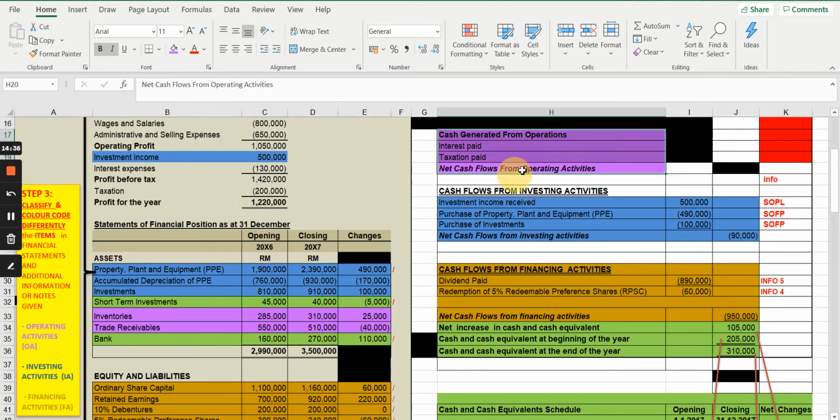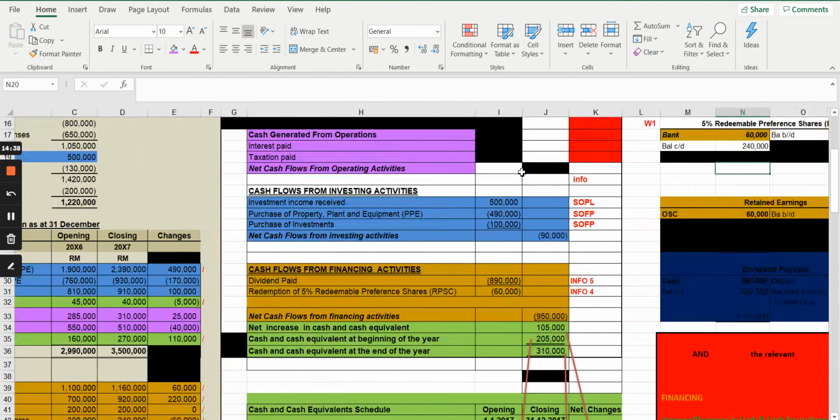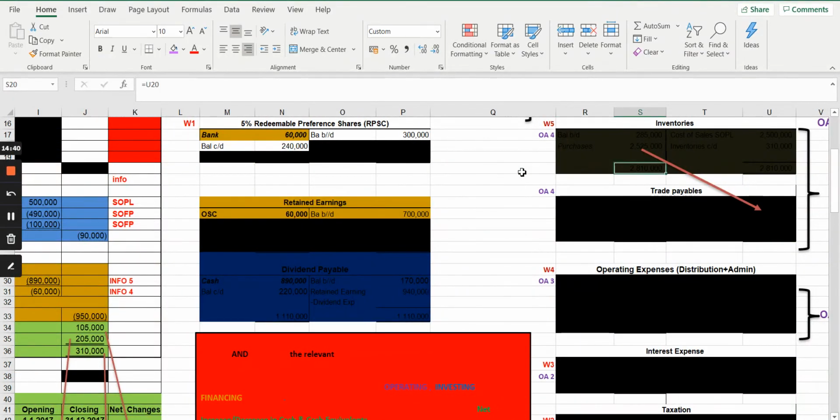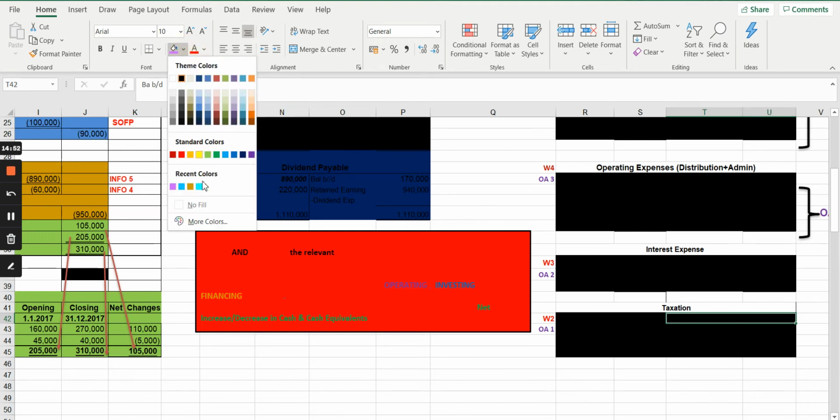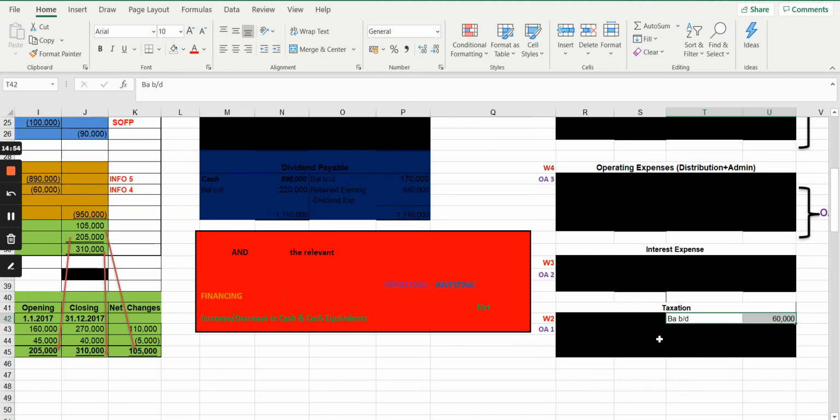Now, you can open up your taxation account. I've done that here. Let's check the taxation account in this working. The first thing that you should do is, of course, to put the title of the account. I think you are aware of that. Put the balance at the beginning.